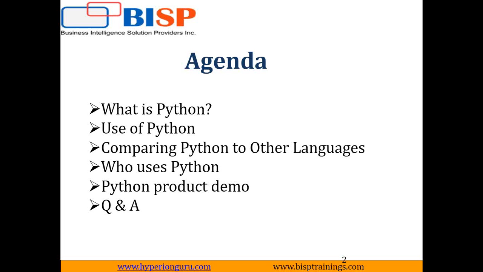So what exactly is Python? We must have heard that Python is a programming language, and it's a very easy to learn programming language. As I've told you, if you have a programming background, that would be an advantage for you to work on Python.